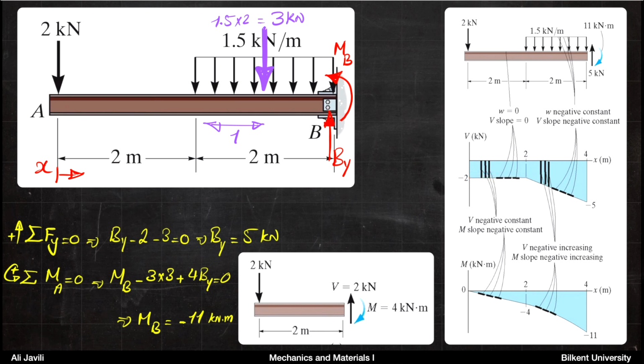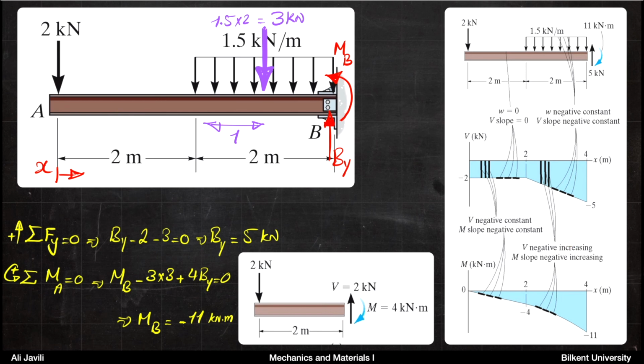Now, from the center, you have a linear function, linear because W is constant. It goes from -2 to -5. Pay attention that we calculated By to be 5 kilonewton. Why is it -5?